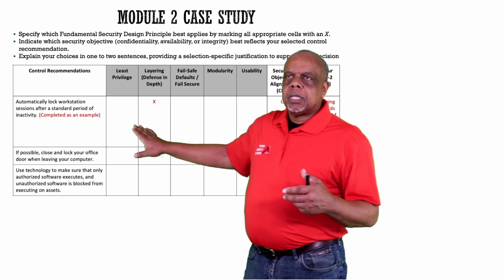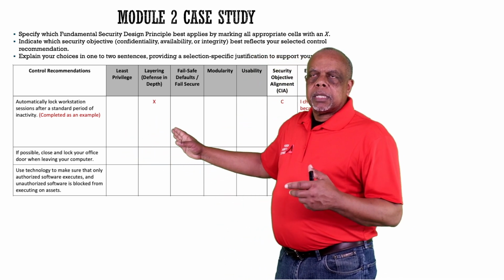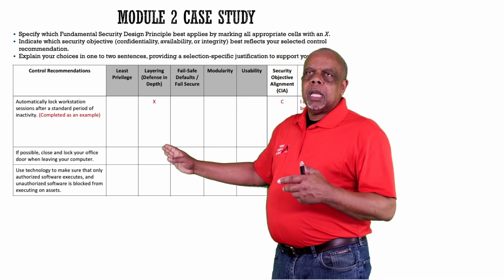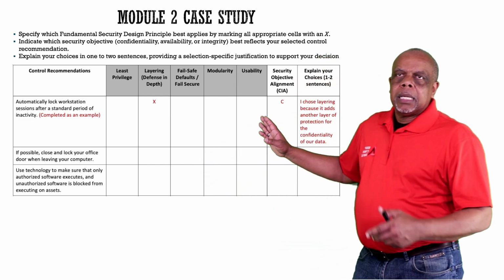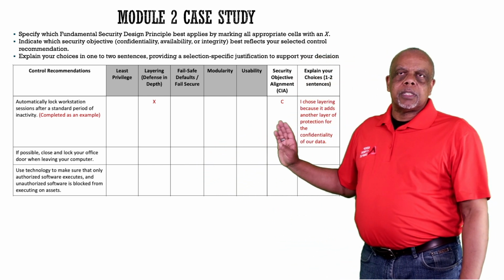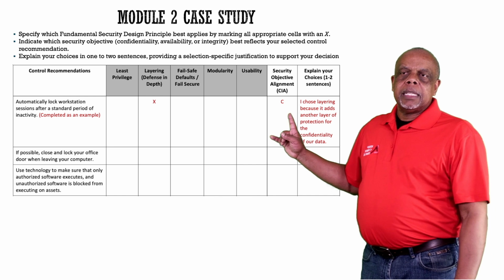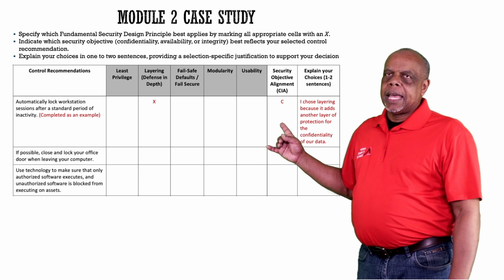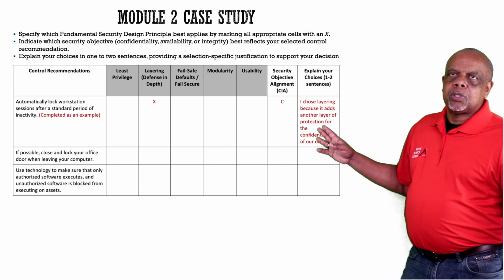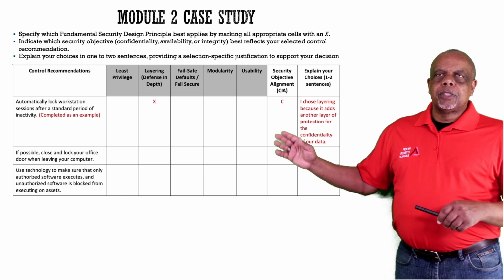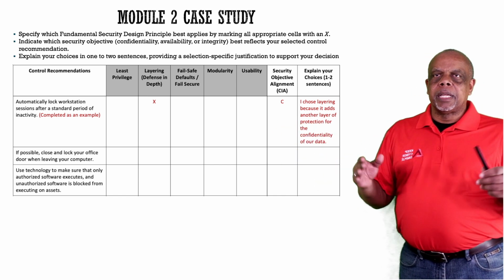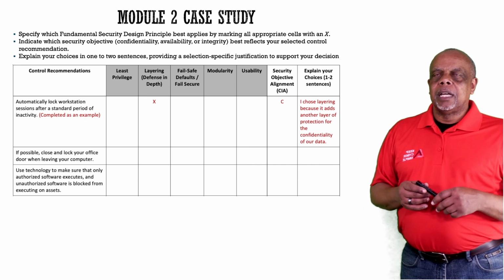Which of these does it impact? Least privilege, layering, fail-safe, modularity, usability? And which security control objective does it align to? Confidentiality, integrity, availability. You just put a C, an I, or an A there. And then explain your choices. Why did you pick layering? I chose layering because it adds another layer of protection for the confidentiality of our data.